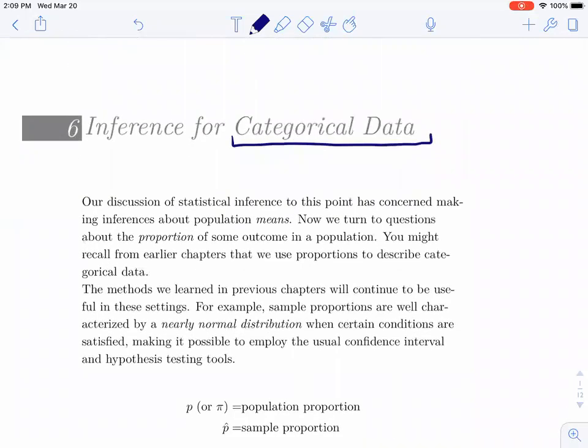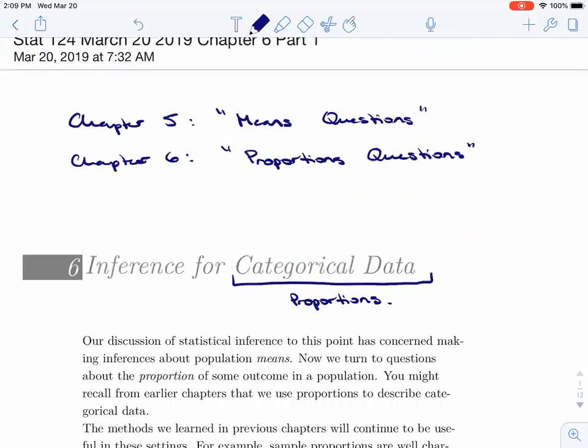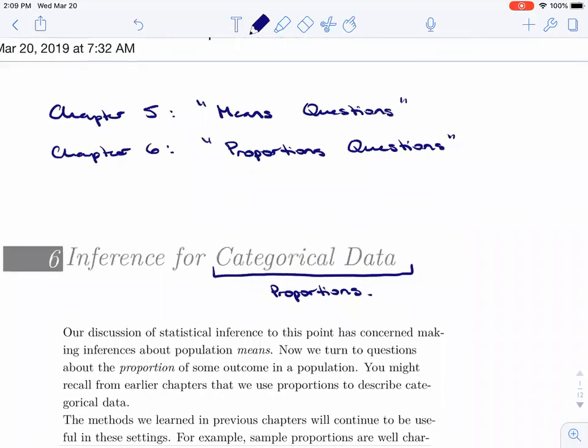And so categorical data, we analyze with proportions. So for chapter 5, we talked about means, and now in chapter 6, we talk about proportions. The difference is numerical data, categorical data. How do we analyze both?